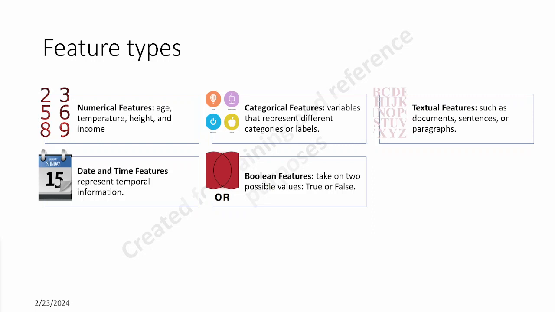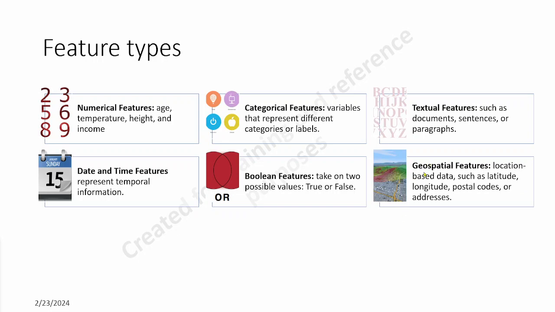Likewise, you have Boolean features, which can take values like 0 and 1 or true and false, like product quality good, yes or no; product passed the quality test, yes or no; or gender, male or female. Geospatial features are also very important in data science. These are for projects based on spatial nature, for example longitude and latitude.